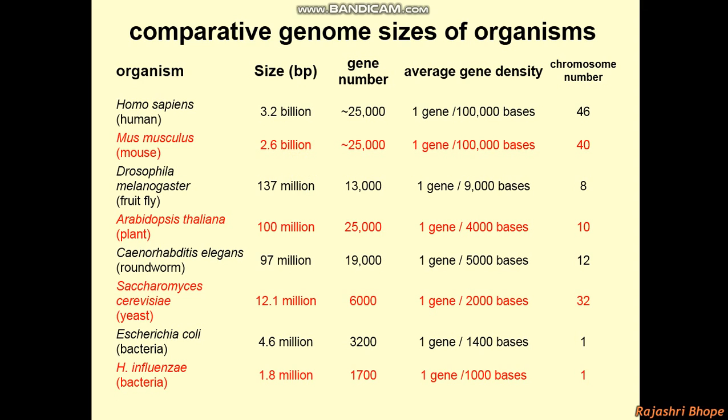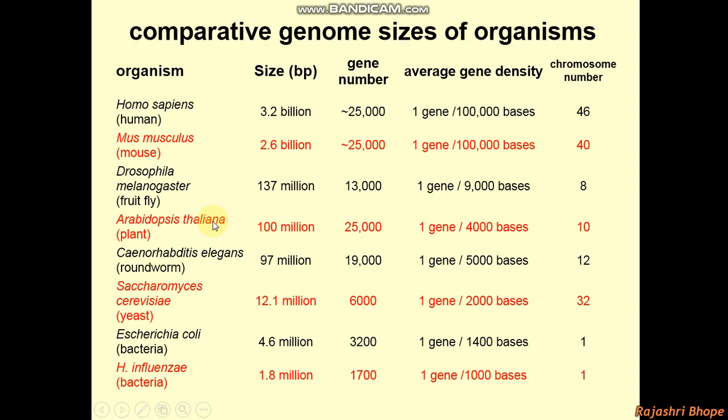The Drosophila is a very small organism compared to the human, and its genome is 1000 times smaller than that of the human or mouse. But the gene density, if you see, is one gene per 9,000 bases. So gene density is higher than in humans and mouse. Chromosome number is only 8.